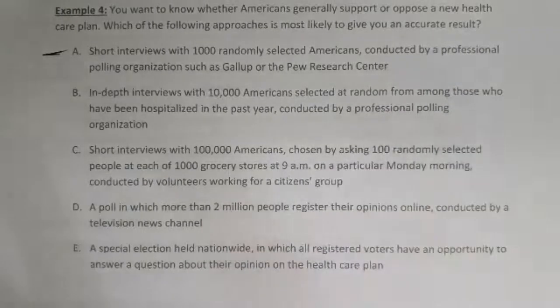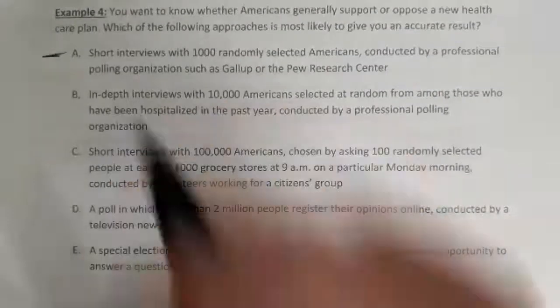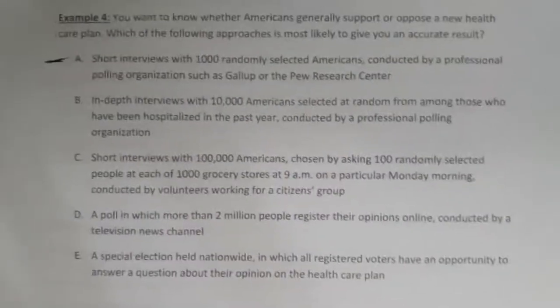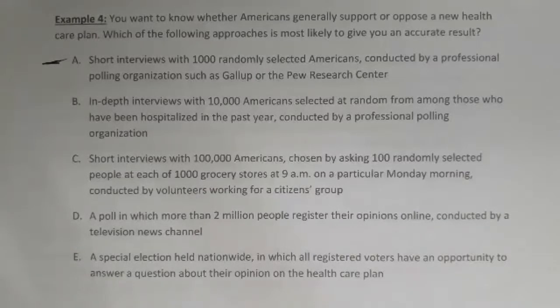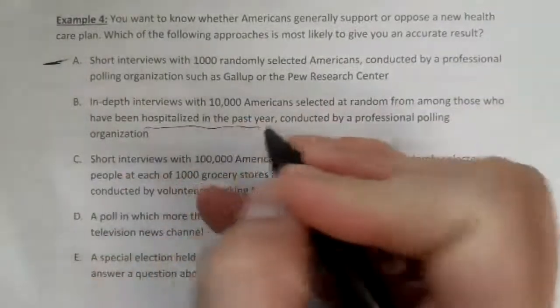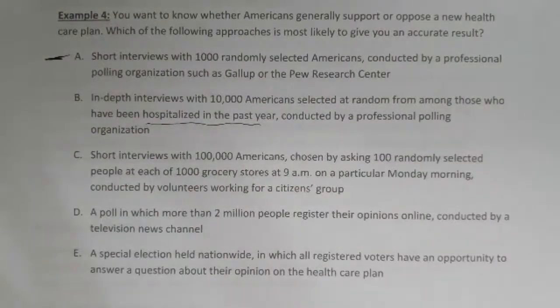A little bit, but the keyword is you want something about healthcare. We want an opinion about a new healthcare plan. Okay, so the keyword here is that they've been hospitalized in the past year. When you talk about people that have been hospitalized in the past year, that is where you're getting participation bias or selection bias, right?